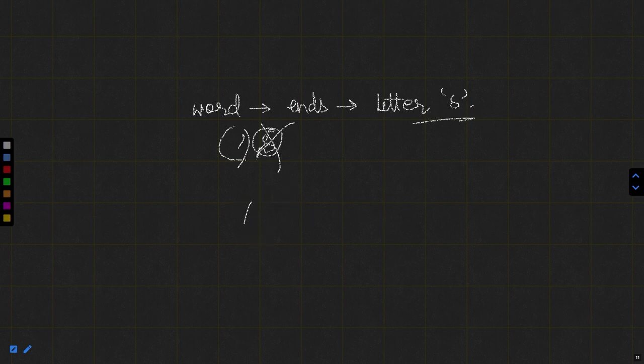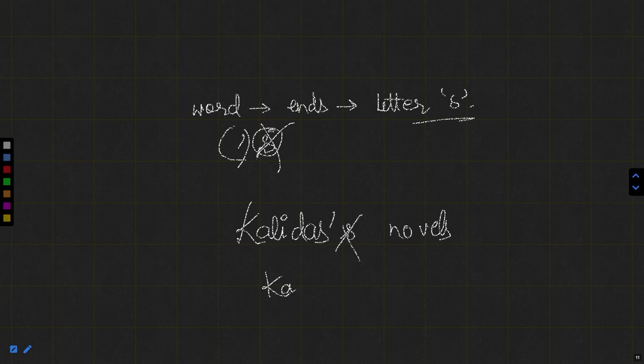For example, if I say Kalidas novels, it means novels which are written by Kalidas. I cannot say Kalidas's novel. I would say Kalidas' novel. So I have just put the apostrophe but not s again. If any word ends with s, whether singular or plural, we would only use apostrophe to show possession, but we will not use apostrophe s again.